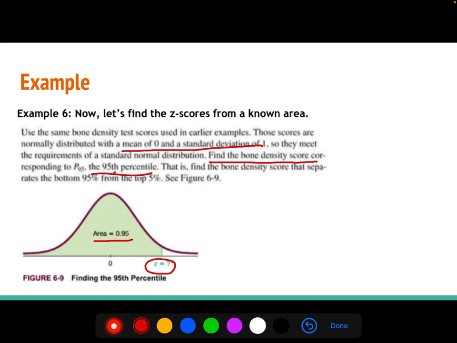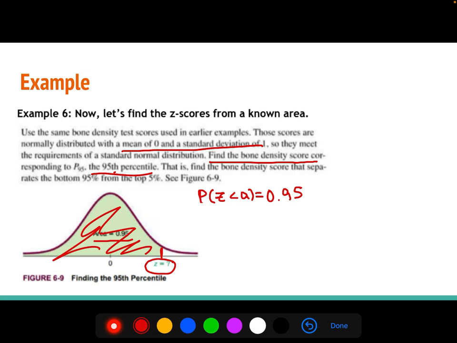We're going to find the bone density score corresponding to the 95th percentile. That means the area is 0.95. So we want this z-score because we know the area in here is 0.95. So how do we do that? We want the probability of z being less than a to equal 0.95.